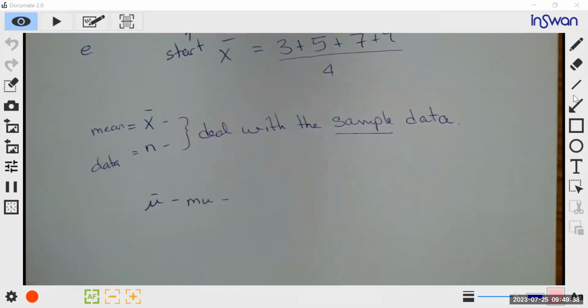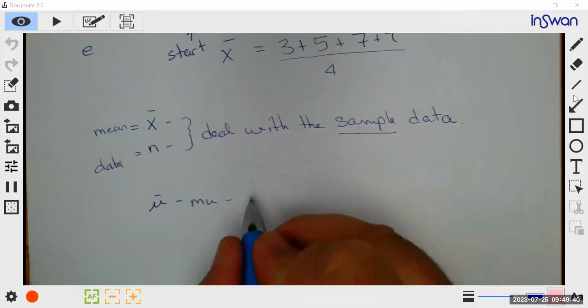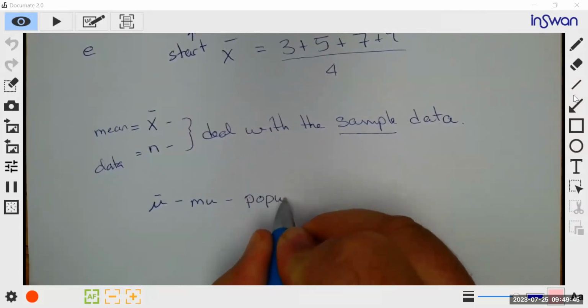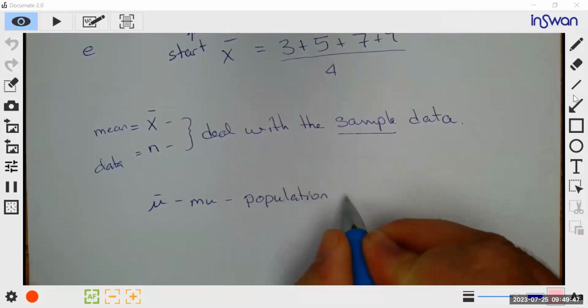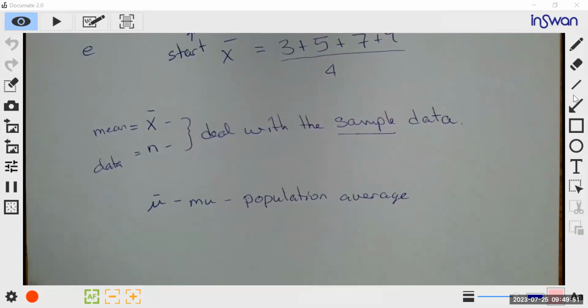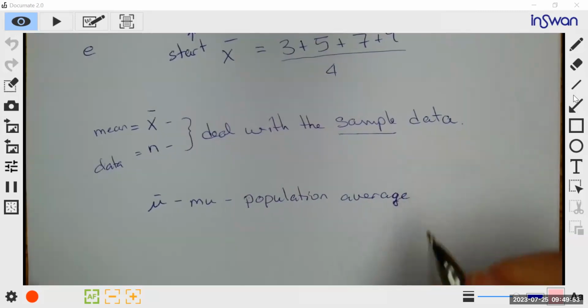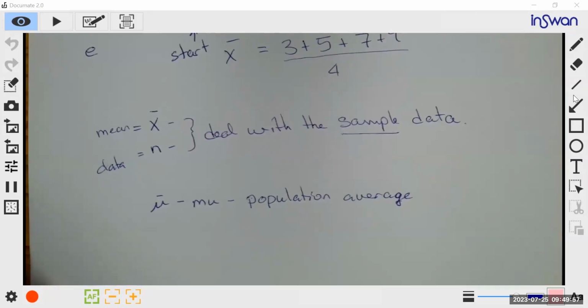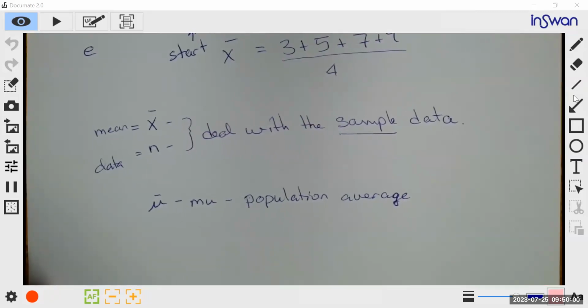Actually, if you want to make it more accurate, mu bar. It's the population average. In other words, if you start using the Greek letters, that represents the population.